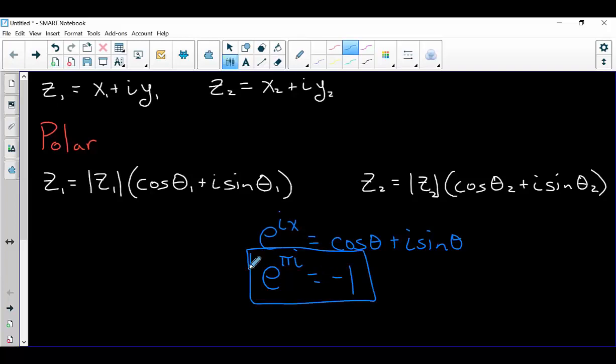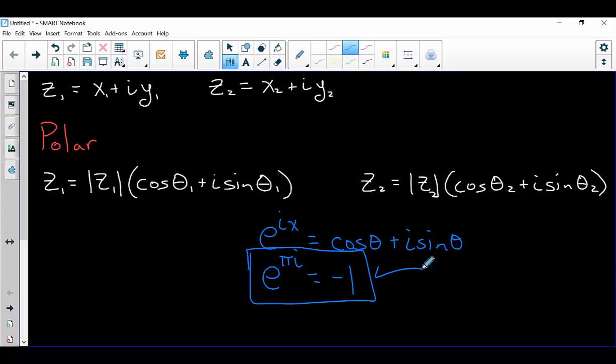Well, if you look at e to the i theta equals cosine theta plus i sine theta, what we've really developed there was not just this neat result, but we also noticed there is an exponential form for these complex numbers.